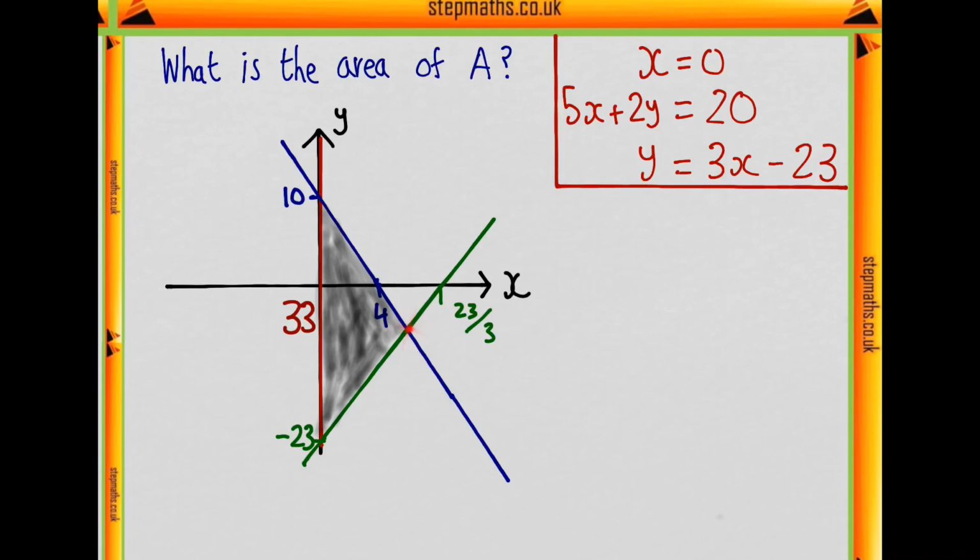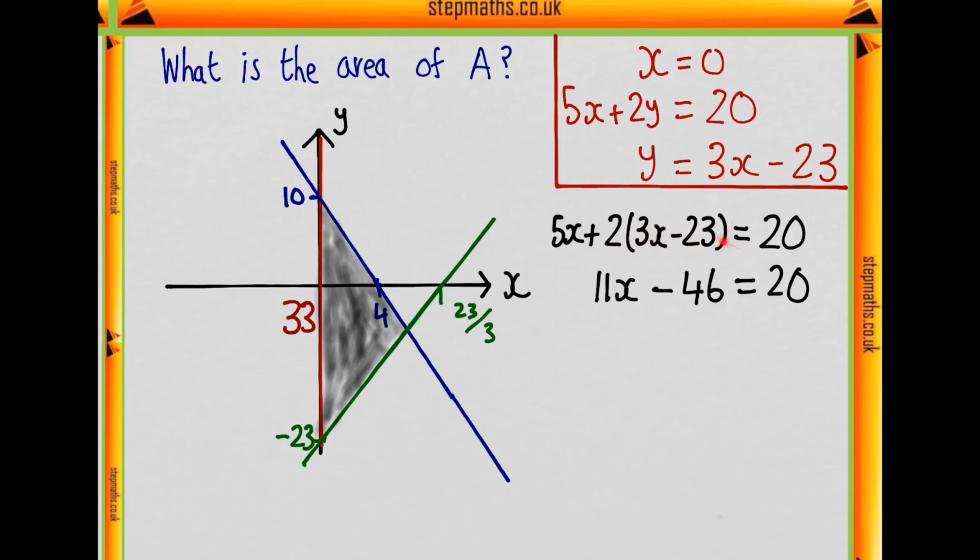So how do we do that? Well, we know it's the intersection of the green and blue lines, the intersection of these 2. We want to find the x coordinate, so preferably we want an equation in x. If we take this expression for y and put it in here and do a bit of rearrangement, we should find x. So we put y equals 3x minus 23 into here.